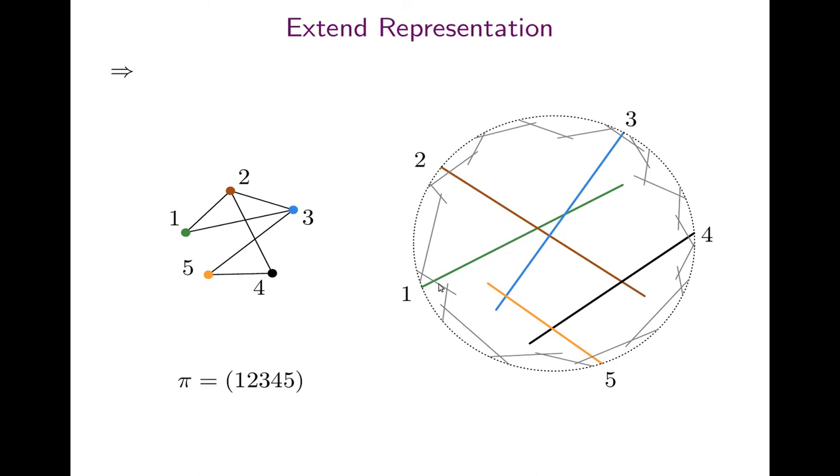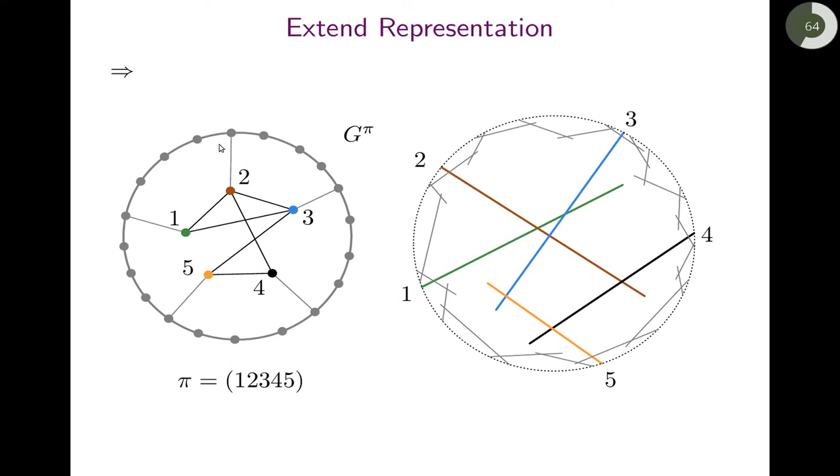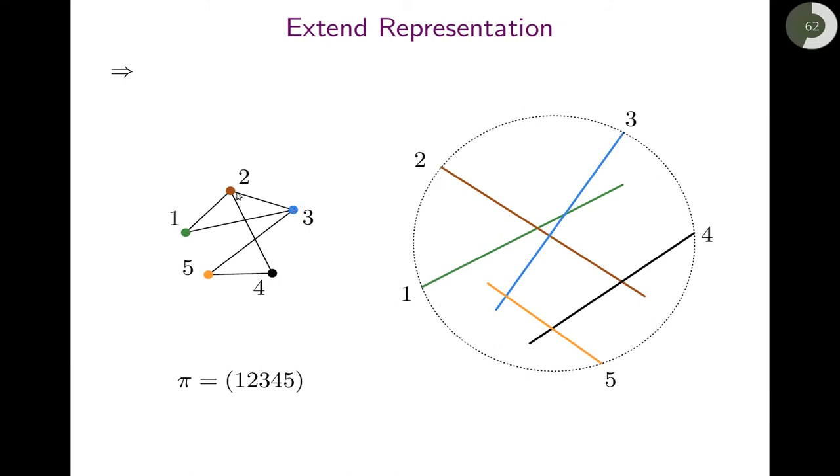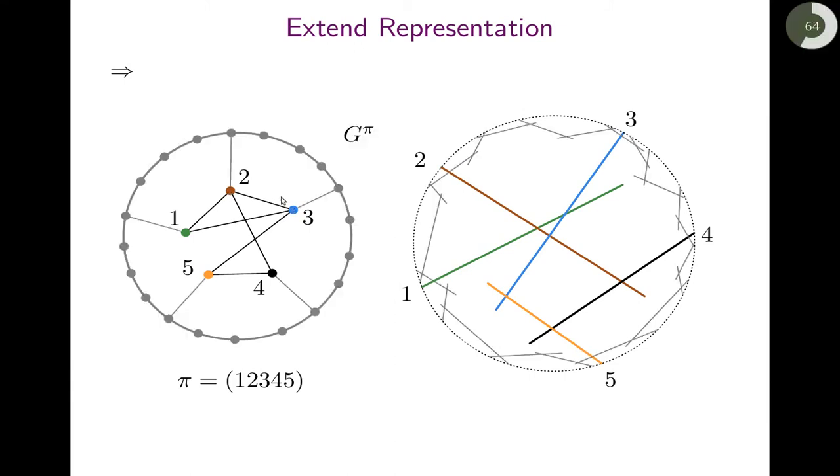It's not quite clear how to do this, but you have to be really close to the boundary so that you're not intersecting something else that you don't want. And suddenly you have just graph G pi. Here maybe I haven't put enough segments, but the idea is clear. So this shows if you have a pi-ordered representation of this graph, then you have also a representation of G pi.